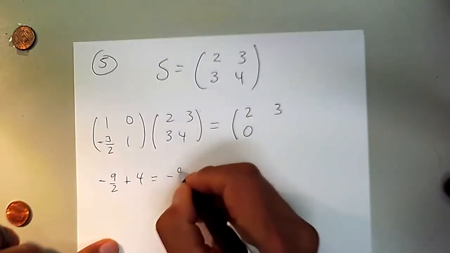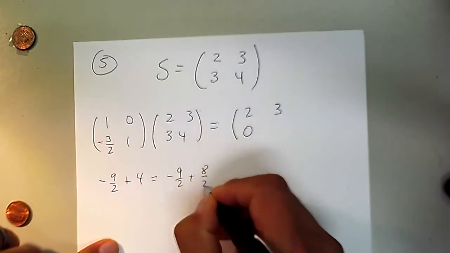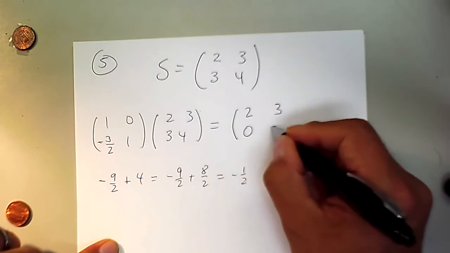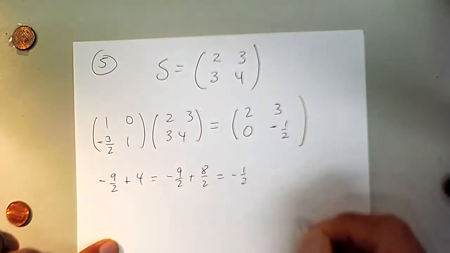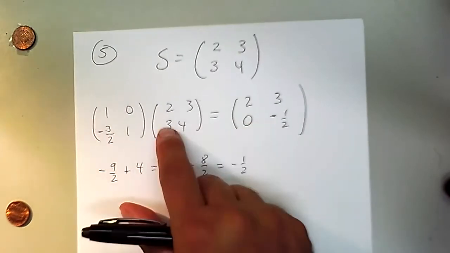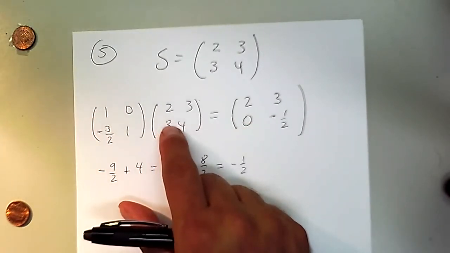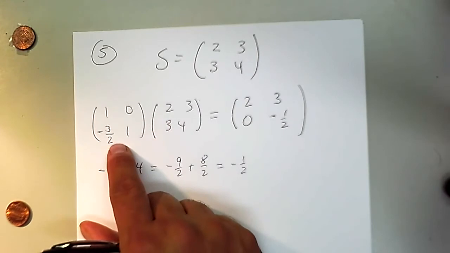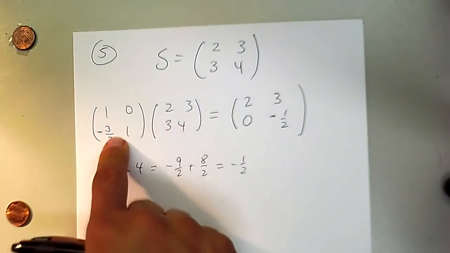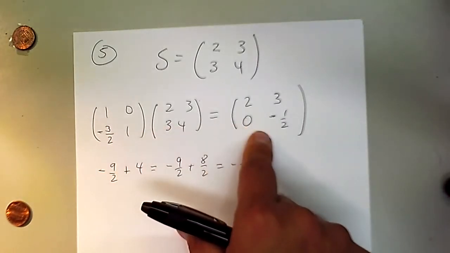Well, that is negative 9 over 2 plus 8 over 2, and that is negative half. So that's the number that goes here, negative 1/2. And that is an upper triangular matrix. So again, we want to factor this out. It is not factoring. What we are doing is multiplying with this matrix to get to an upper triangular matrix.